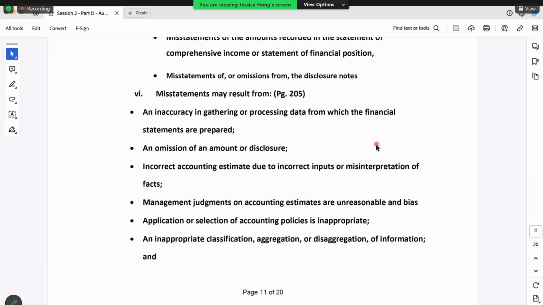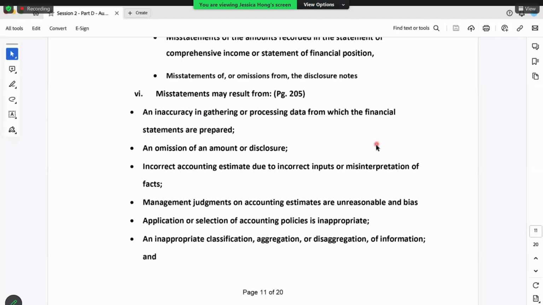Sometimes the accounting estimate that they use, all right, is supported with incorrect inputs or misinterpretation of facts. It could also be that the assumptions they use are not reasonable. Management is very biased when they do accounting estimates.